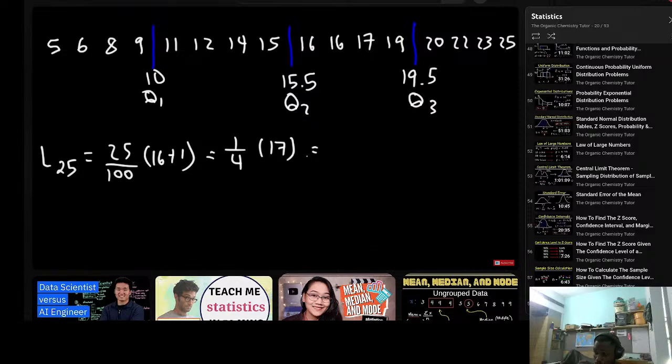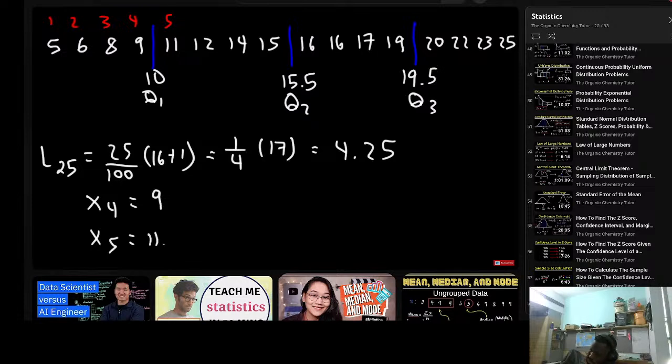Now, 17 divided by 4, that is not going to give us a whole number. In fact, we're going to get a decimal number. So what is the 4.25 value? Well, that's hard to tell. When you get a situation like this, you need to round up and down. You need to look at the 4th value and the 5th value. So this is the 1st, 2nd, 3rd, 4th, 5th value. The 4th value is 9 and the 5th value is 11.